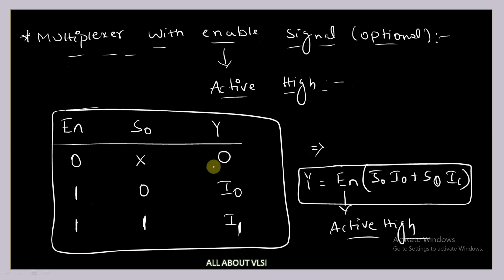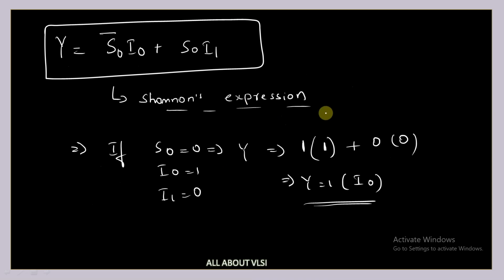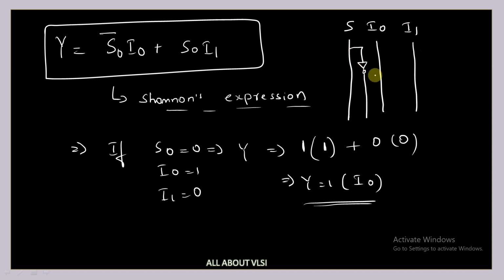So I will draw here. You can take your select line, I0 and I1. So this is your select line, this is your I0, and this is your I1. And from here you can take your NOT gate. So S0 bar into I0 and S0 into I1.